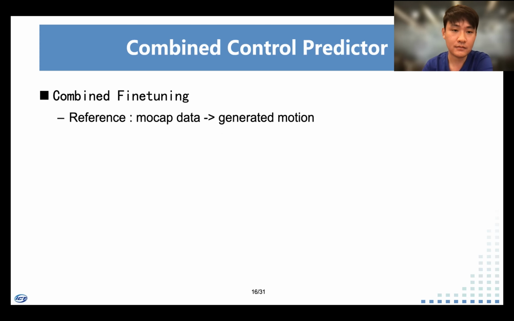After pre-training the full body pose predictor and the control policy, our system fine-tunes them together as the combined control predictor. The same rewards as pre-training of the full body control policy are used in this fine-tune process. The motion generated by the pose predictor is used as the reference for the rewards until the training process has plateaued.